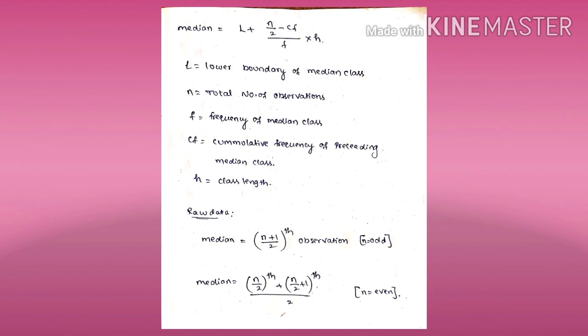In case of ungrouped data, median is equal to the n plus 1 by 2th observation, where n is an odd number of observations.